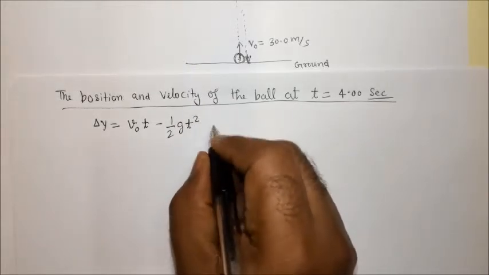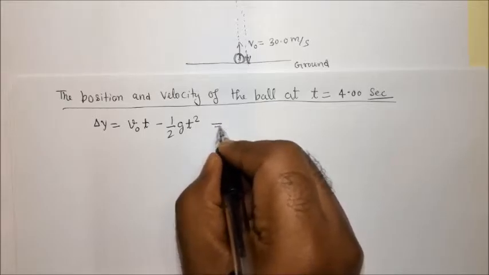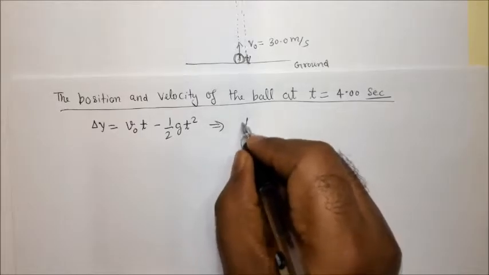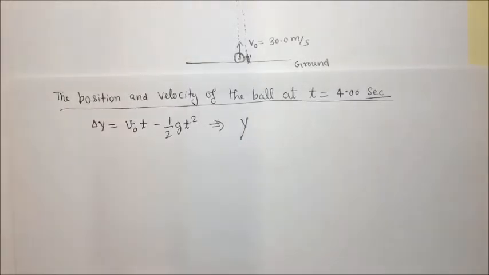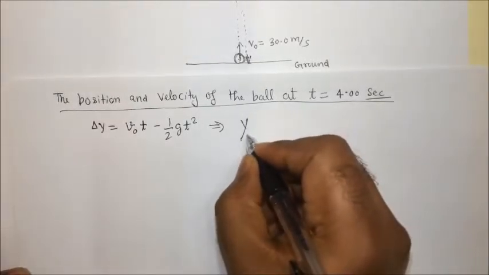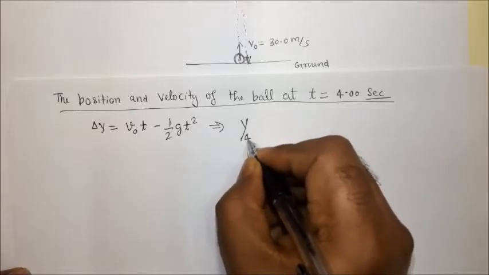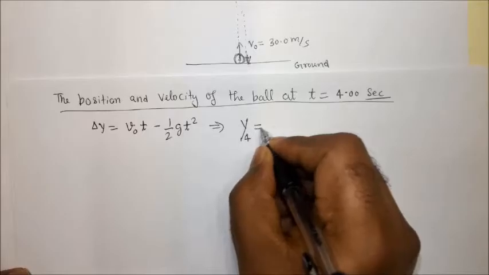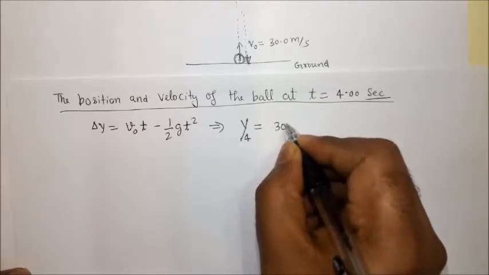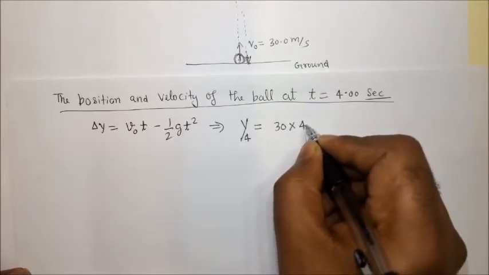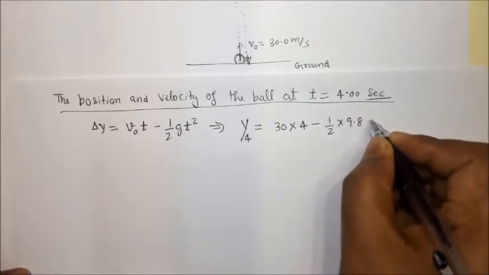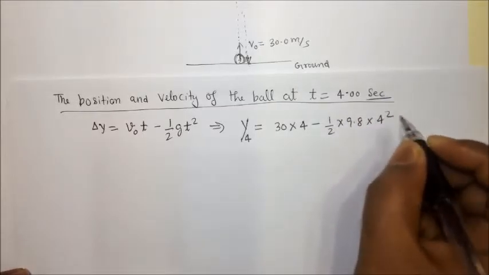So delta y, I can write as y at 4 seconds, y suffix 4, is equal to 30 times 4 minus 1 by 2 times 9.8 times 4 square.